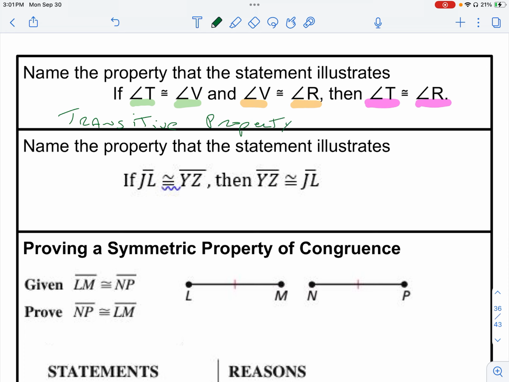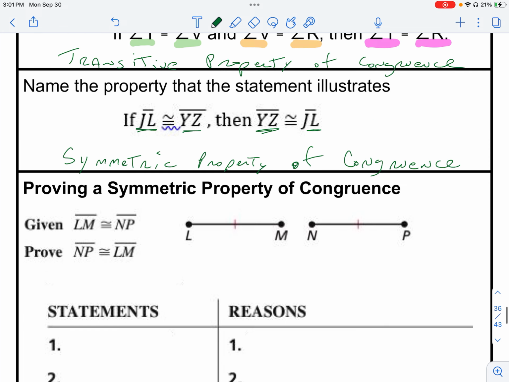That might help. It's our transitive property of congruence. And here we've got JL and YZ trading places. Well, that's our symmetric property of congruence.